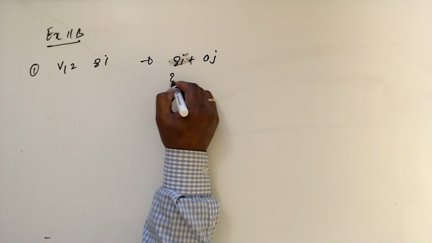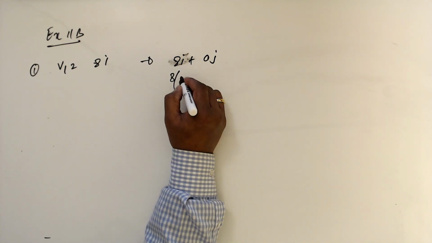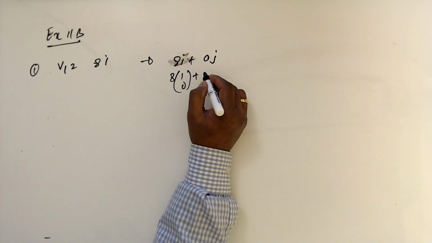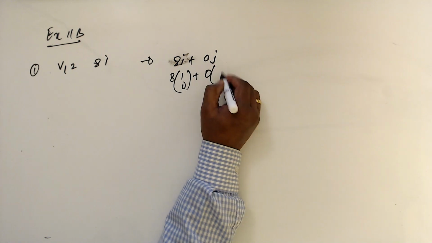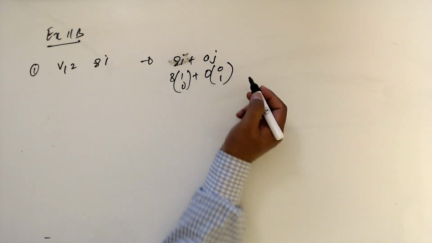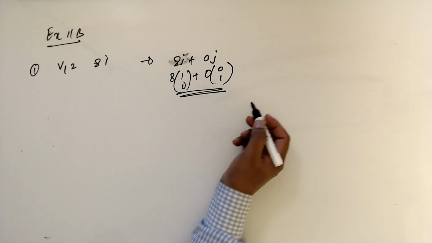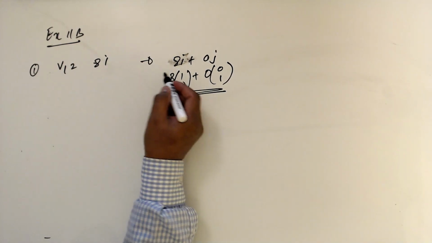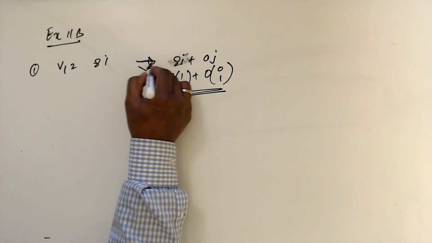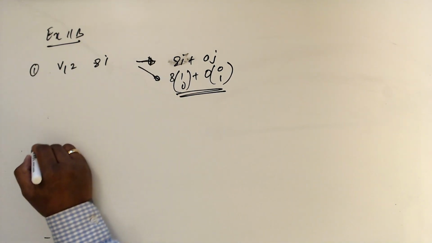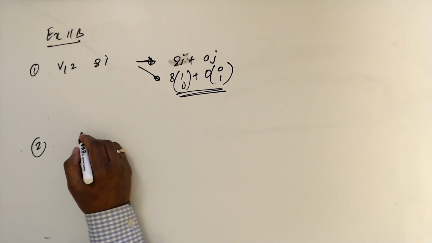In other way, 8 times what is I, I mean 1 0, and 0 times 0 I. So this is the explanation for it.